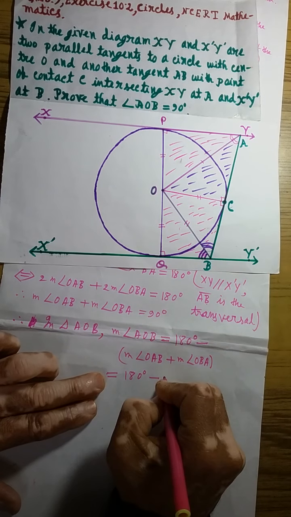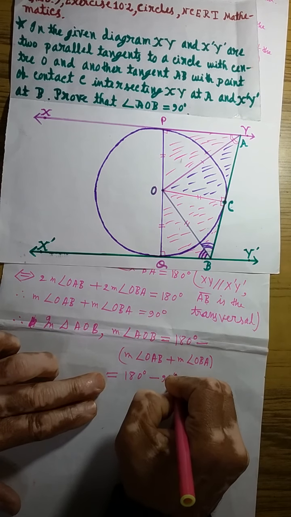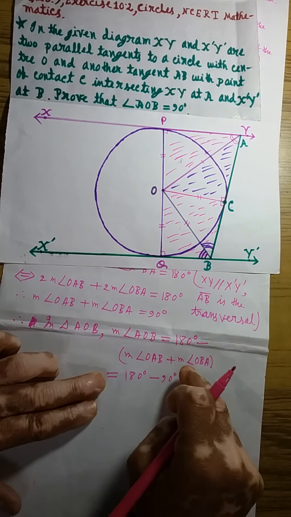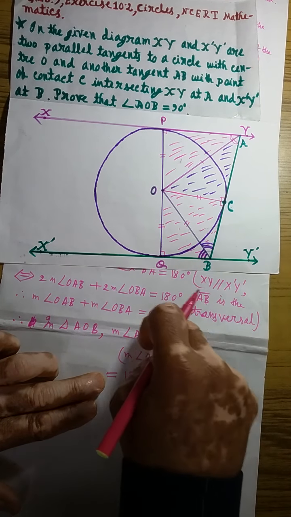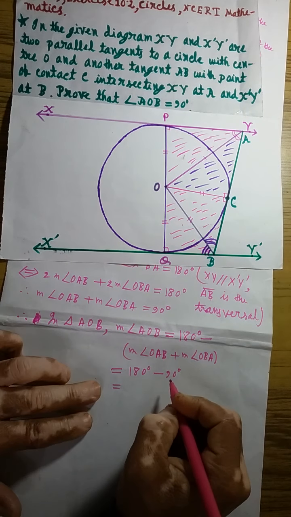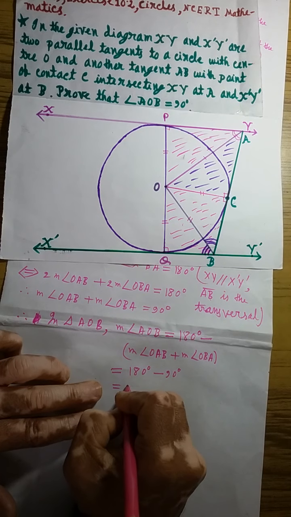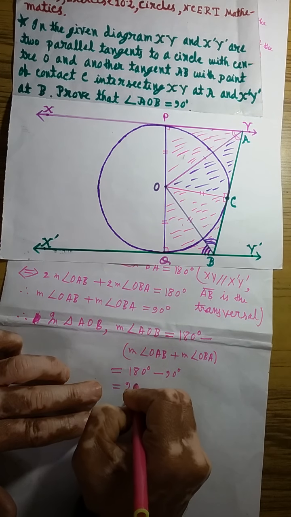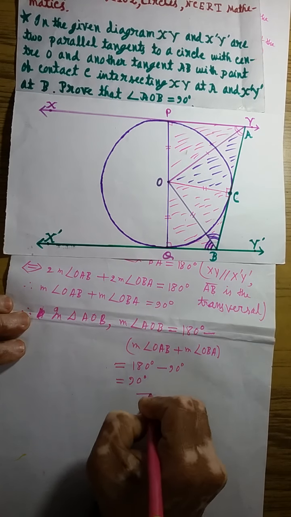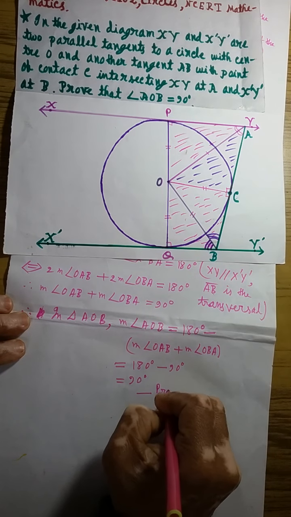If we deduct 90 degrees from 180 degrees, we will get again 90 degrees. So proved, right? In this way, proved.